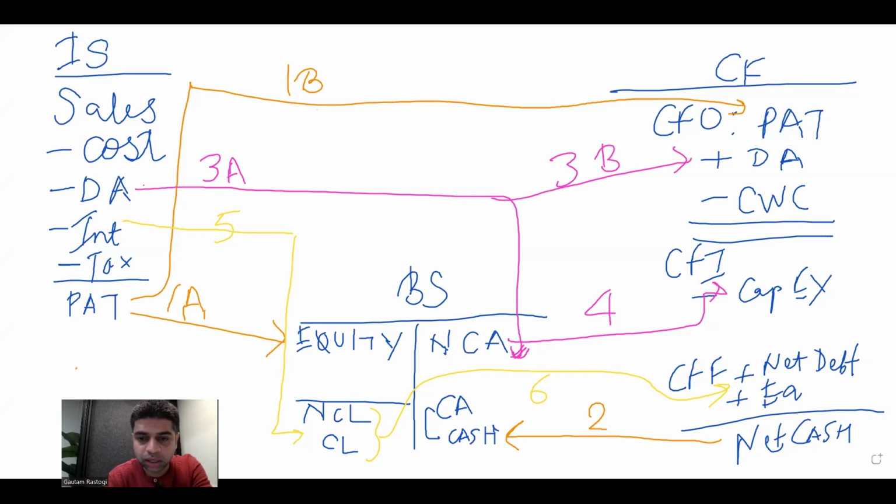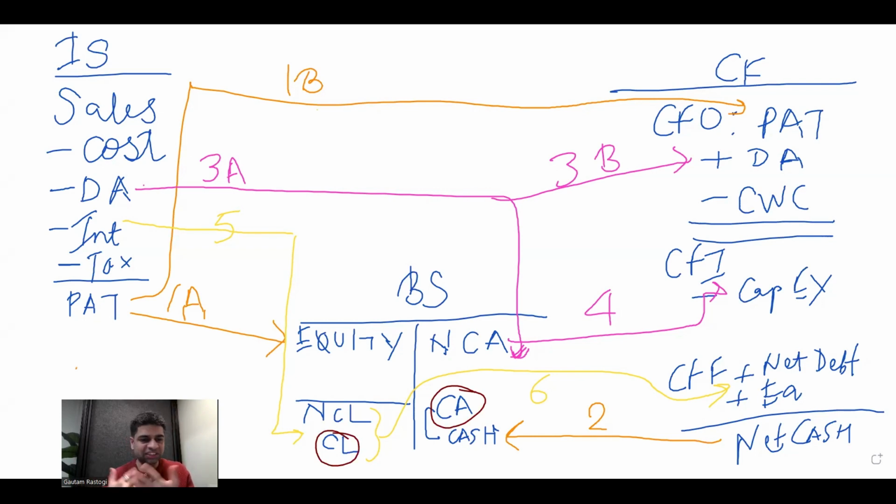Now there is one more item, and quite an important one, which is working capital. Let's pick up a different color. Your current assets and current liabilities need to be modeled out in the future.